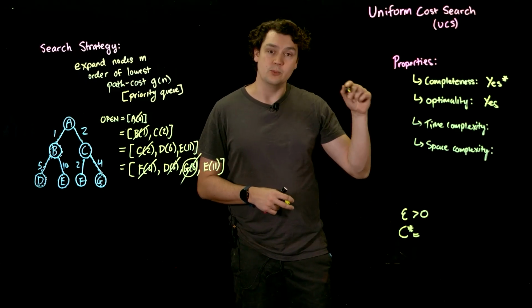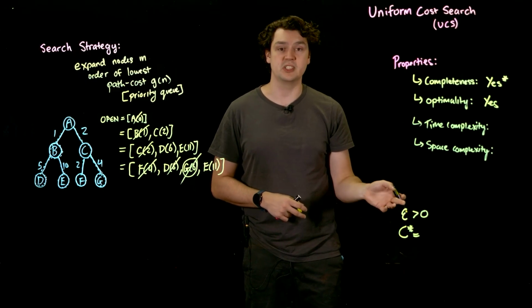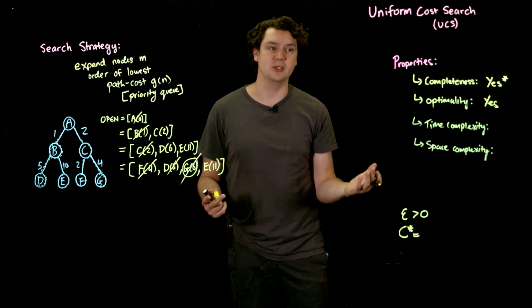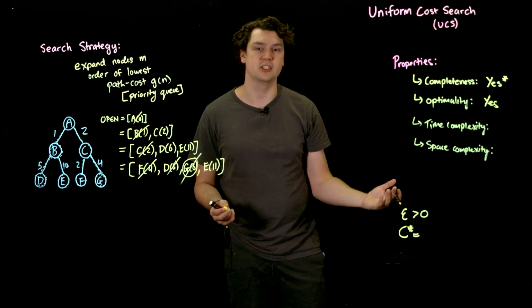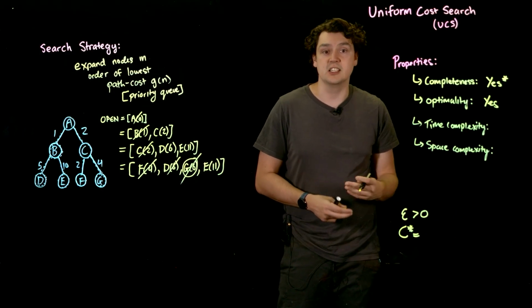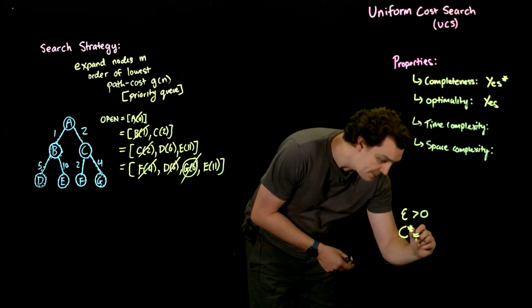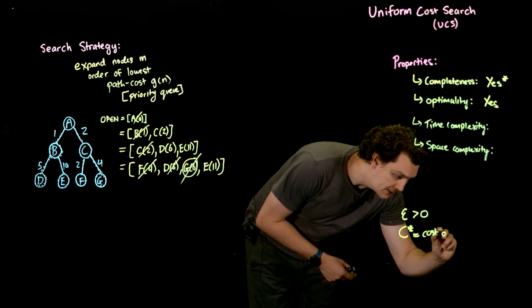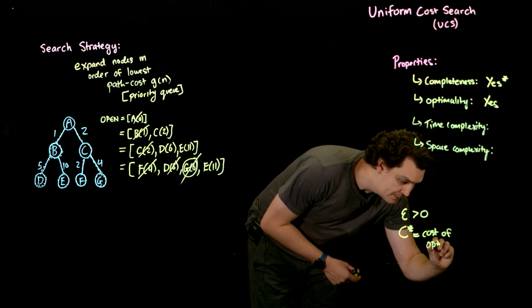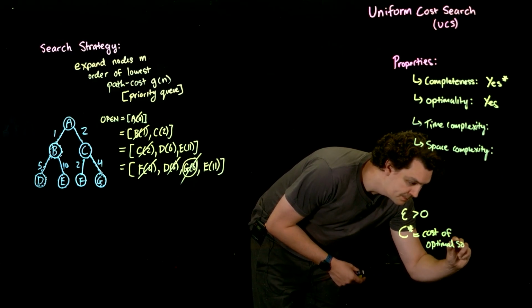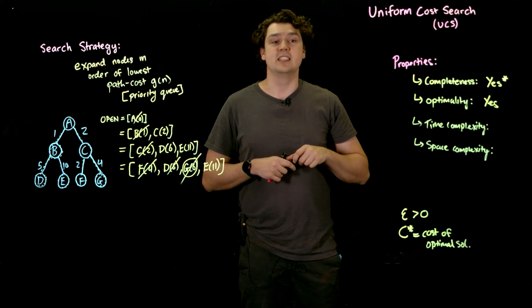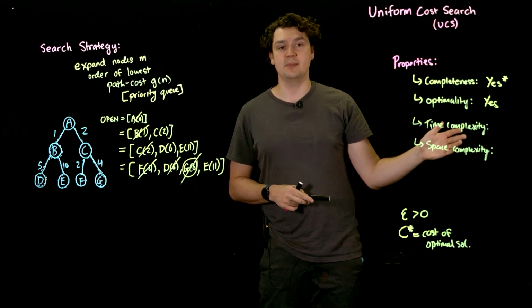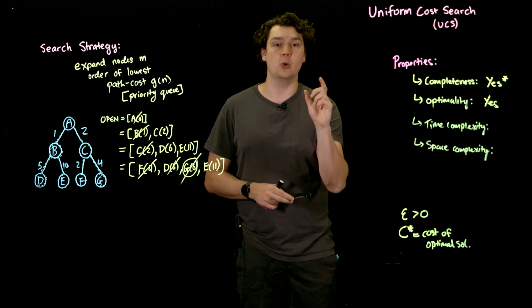And whenever you have a variable with a star, that often means in pathfinding terminology, as well as in some mathematics, the optimal version, the lowest cost. So C star is the cost of the optimal solution.